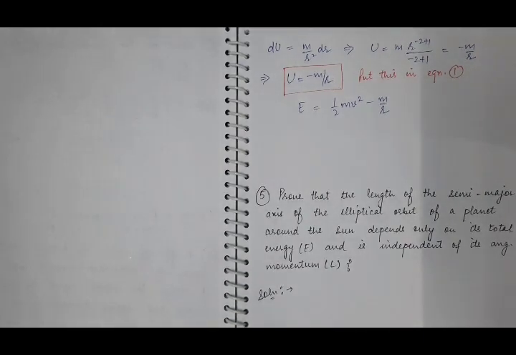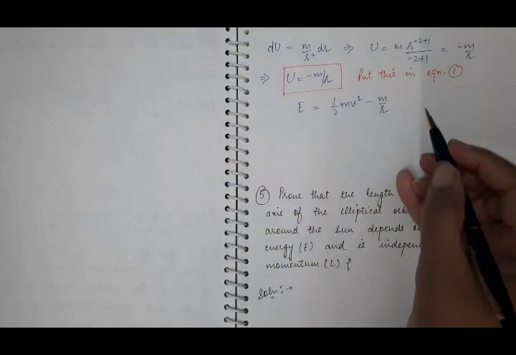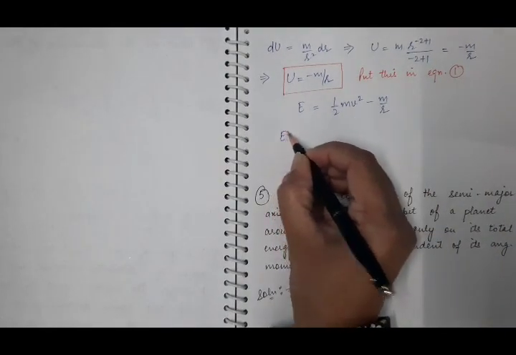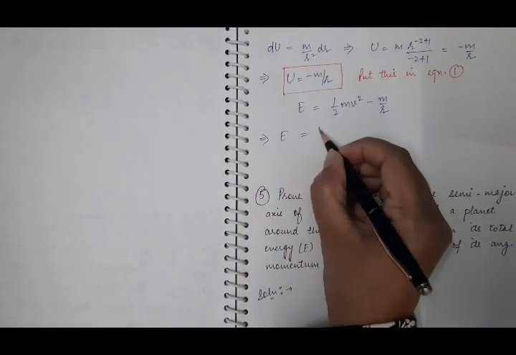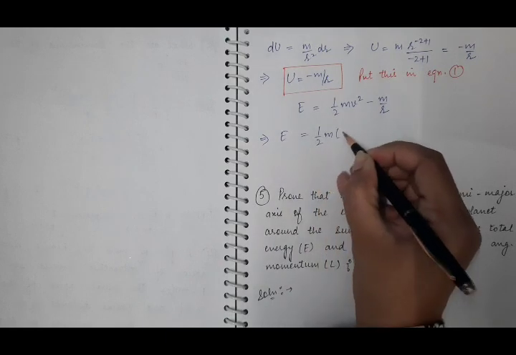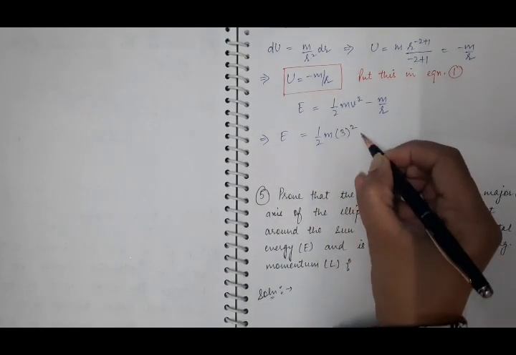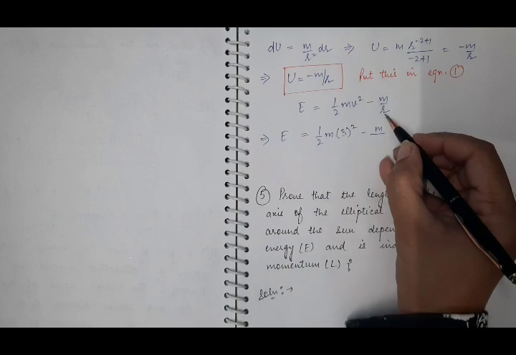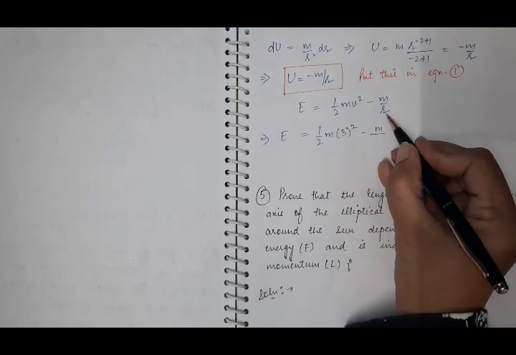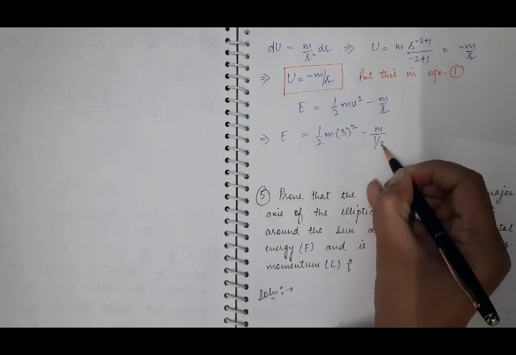Now we have the values of v and r. Put those values here. The expression for total energy is equal to half m, velocity is 3, so 3 square, minus m upon the radial distance, which is 1 by 3 meter. So it is 1 by 3.